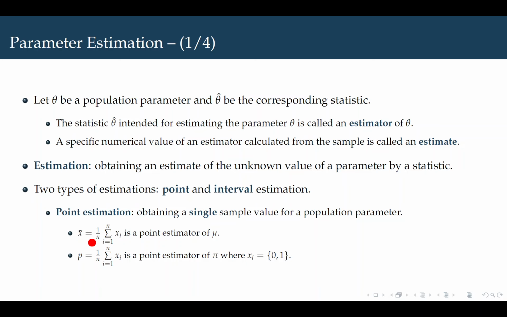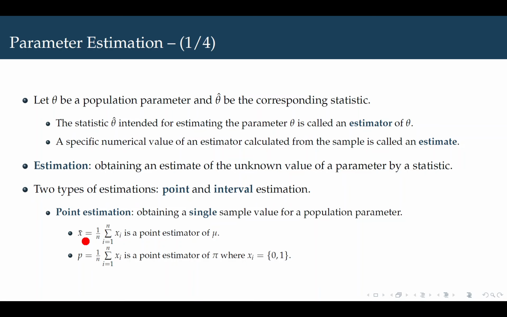And a single sample value obtained from this formula is said to be an estimate. So here x bar is a point estimator for mu, because using this formula we are going to obtain a single value. So that single value is said to be a point estimate of mu, and this formula is said to be a point estimator of mu.